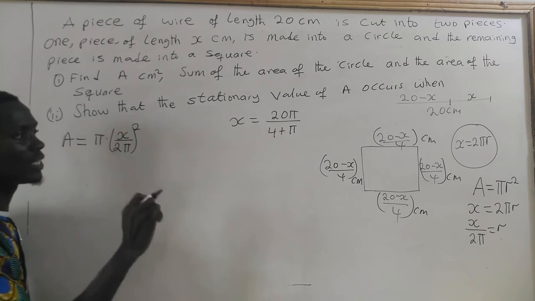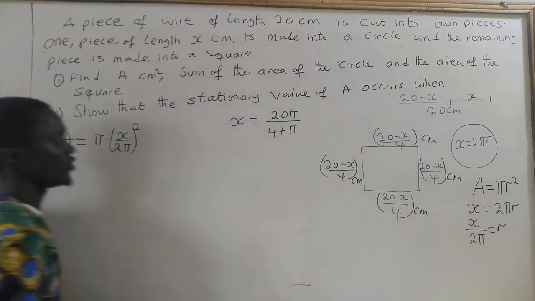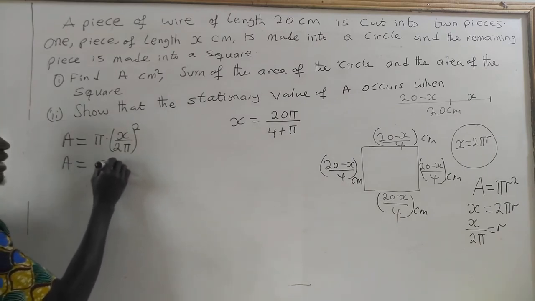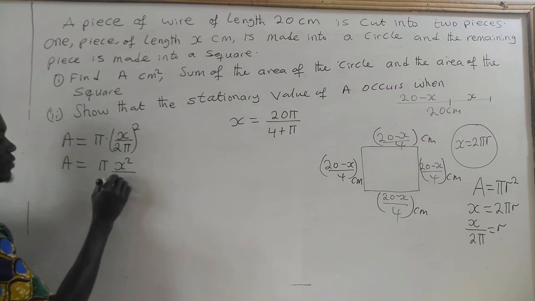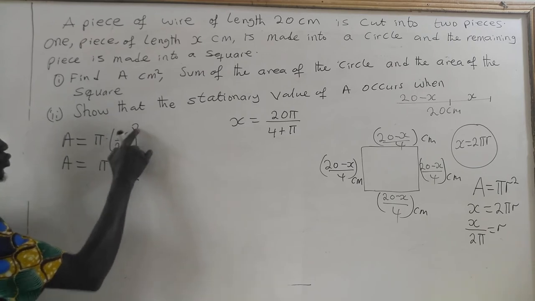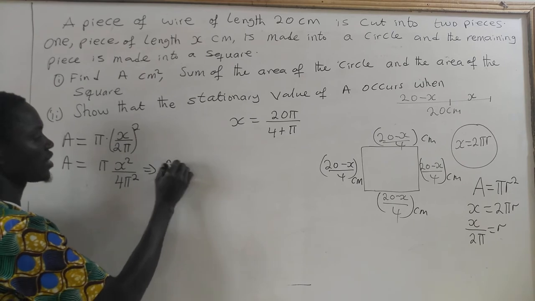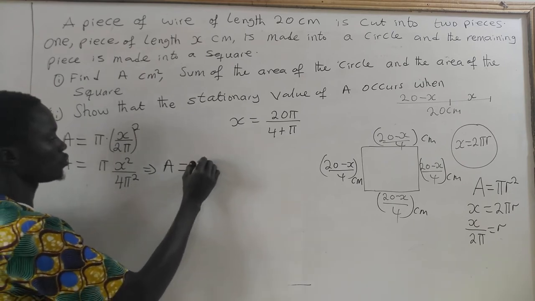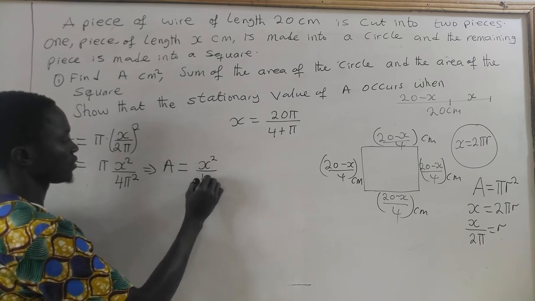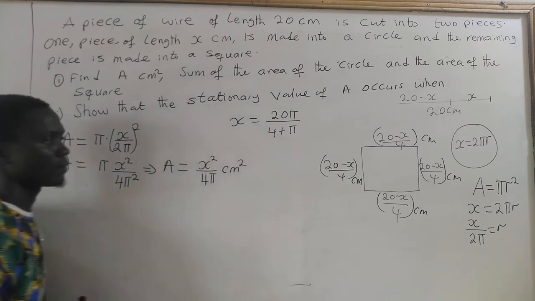That is, I've substituted the radius back into the equation for the area, and I get the area of the circle to be pi times x squared divided by 4 pi squared. You square the x, you square the 2, you square the pi. And this implies that the area of the circle will be equal to x squared divided by 4 pi in centimeters squared.